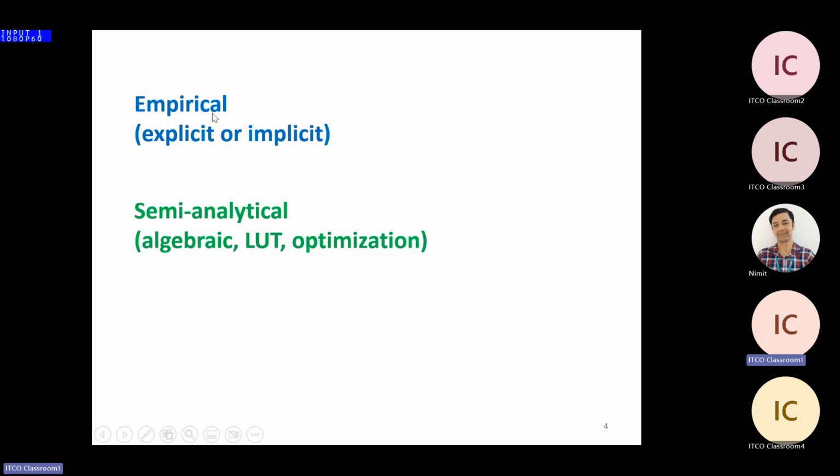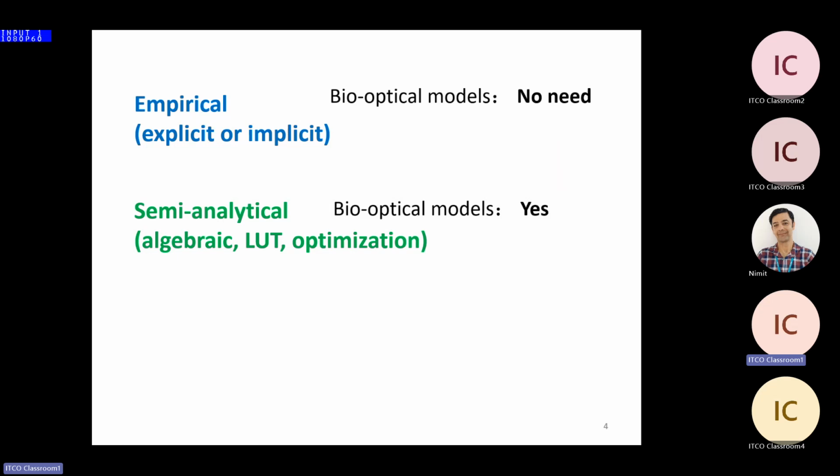But fundamentally, empirical is the same thing. Basically, you just need data, okay? And you don't need what we have been told this morning and yesterday, these fundamentals of radiative transfer, fundamentals of absorption and scattering. As I have data, you either do your regression or you need a computer to do it.